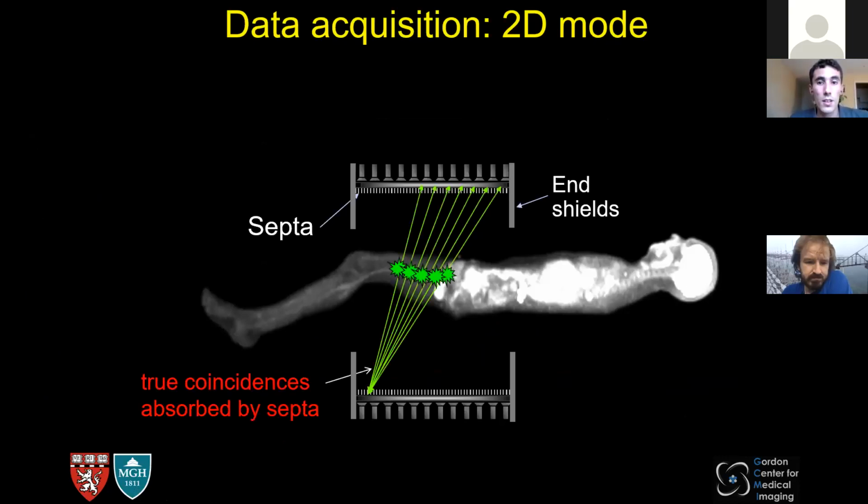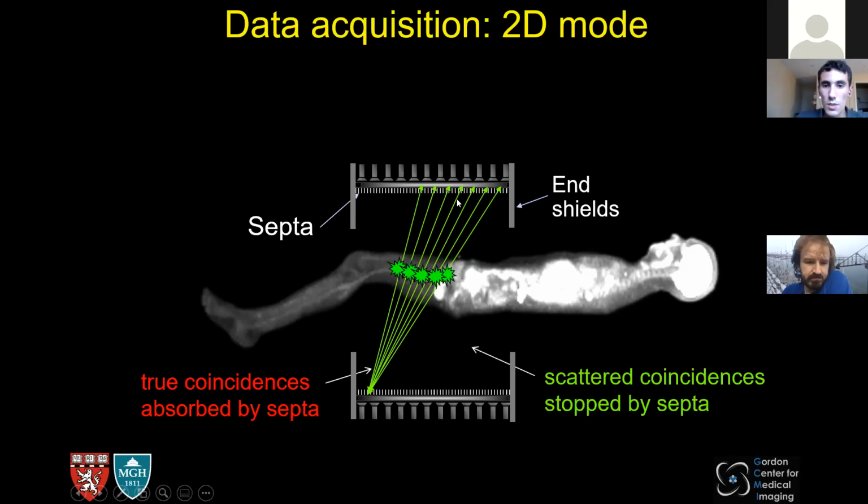Okay, so those septas separating each ring are going to block a lot of true coincidences. That leads to a loss of sensitivity in the 2D mode, because if they hit with an incidence angle like that, they are going to be absorbed by the septas.